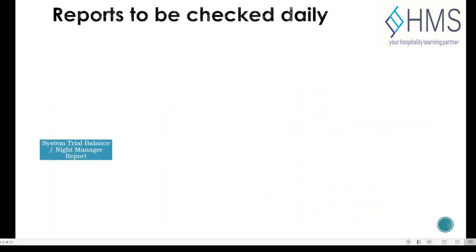Okay, so these are the reports that income audit usually has to check on a daily basis. One is the system trial balance or night manager report that we just discussed, for control purposes. So they create the control for all the rebates. Then they have to go and check the individual documents that make up that particular rebate.